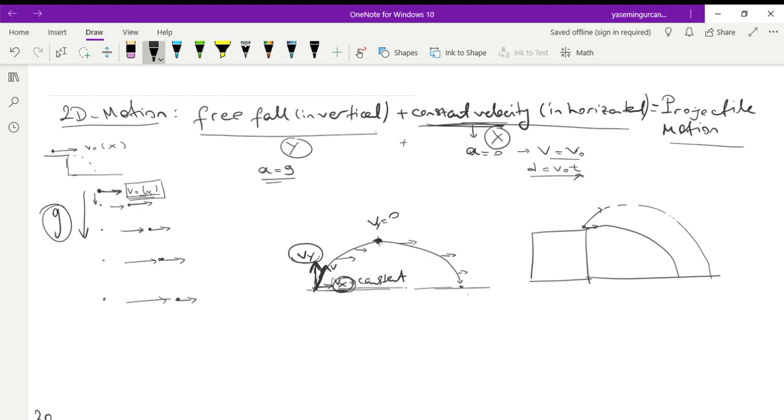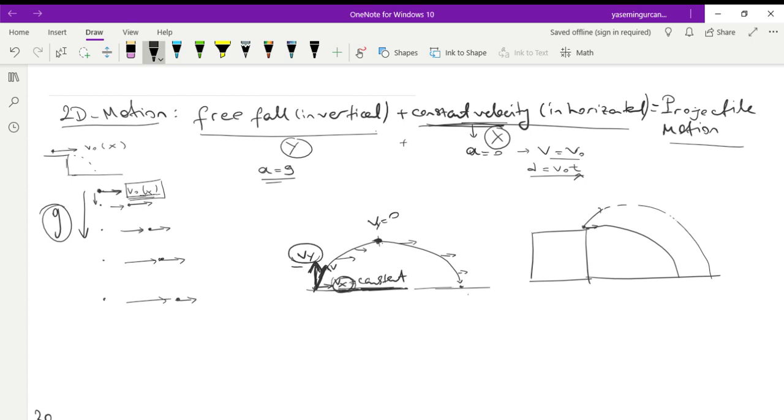But you might be given questions giving them directly, saying the initial vertical velocity of an object is this, and the initial horizontal velocity of a projectile motion is this number. What you need to know is that the horizontal part of the velocity is never going to change. Whatever it started with, it's going to carry throughout the whole motion with that value.